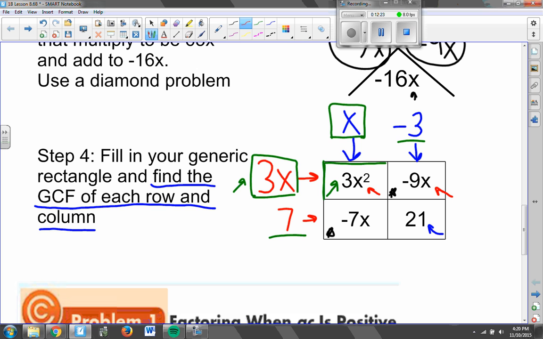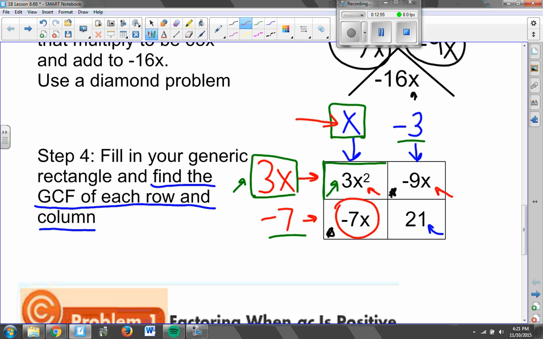And again, I'll ask the question, should that be negative? Well, I want my negative to show up in here with my negative 7x. And since up here, that is not negative, that's a positive x, I need a negative 7 to do negative 7 times x, giving me negative 7x. Okay? So both of those should be negative. Both of your constant terms should be negative. Negative 3 and negative 7.